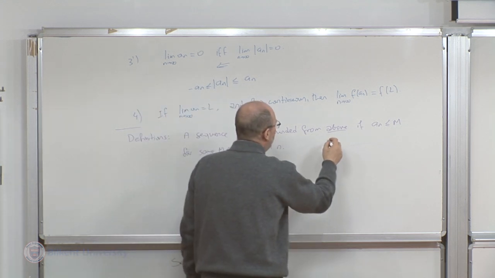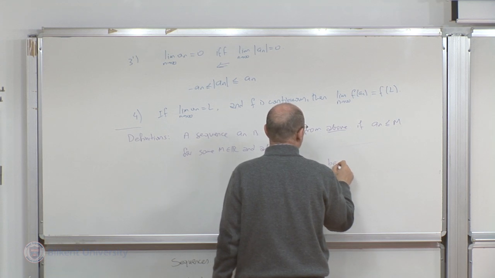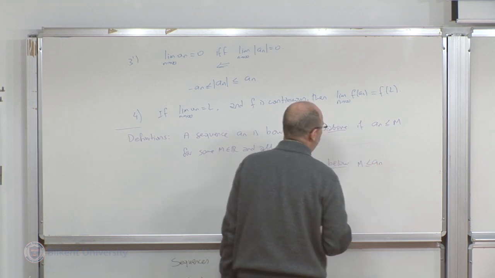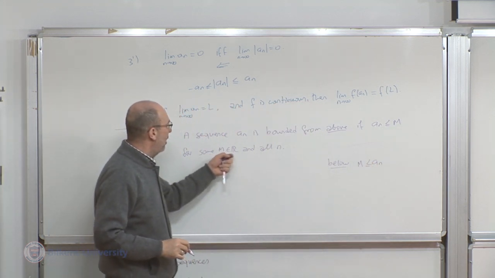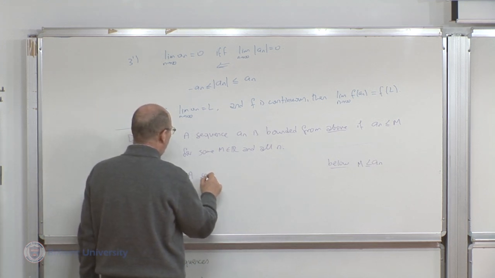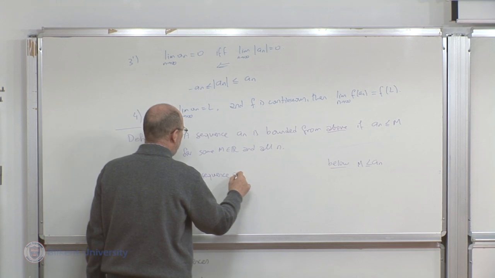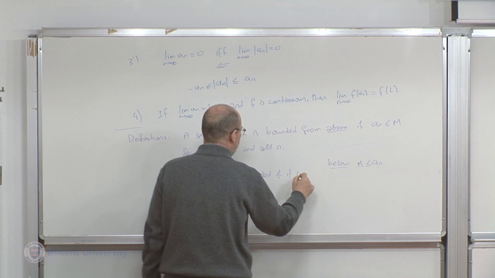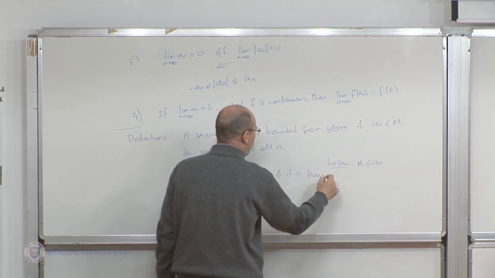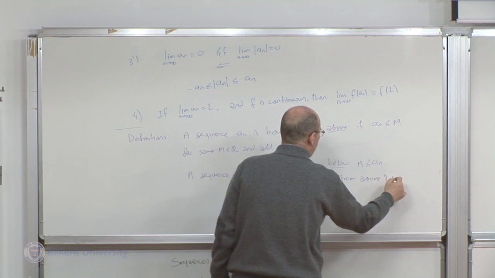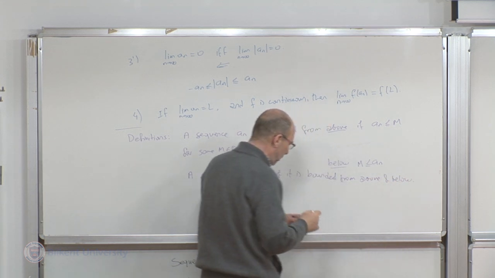And you can say bounded below if an is larger than m for some m and all n. A sequence is bounded, an obvious definition, if it is bounded from above and below.